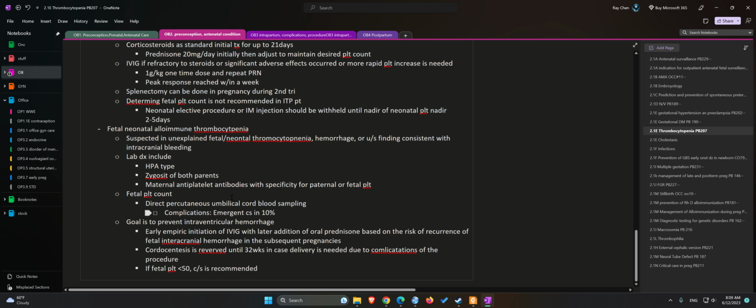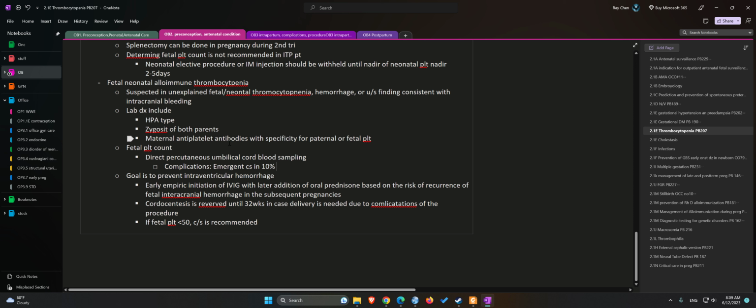The goal in these patients is to prevent intracranial hemorrhage. To do that, we usually recommend early empiric initiation of IVIG with later addition of oral prednisone based on the risk of occurrence of these intracranial hemorrhages in subsequent pregnancies.